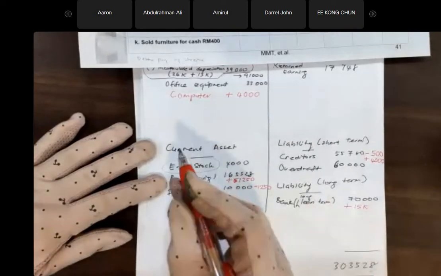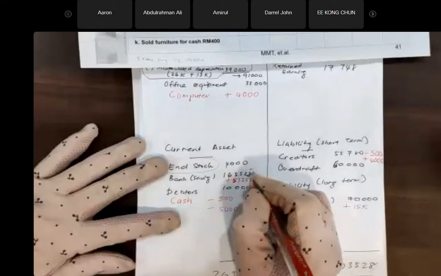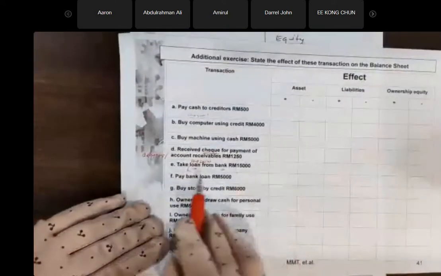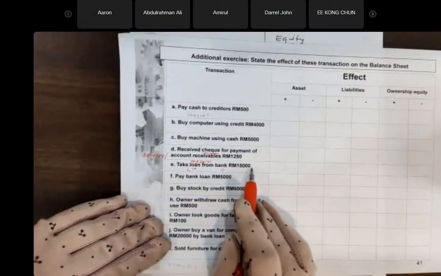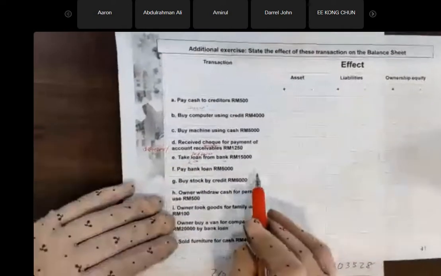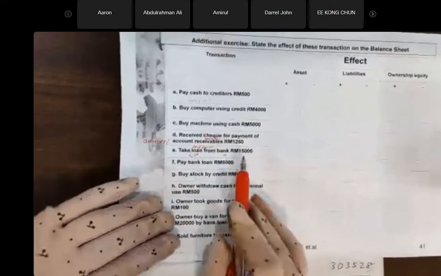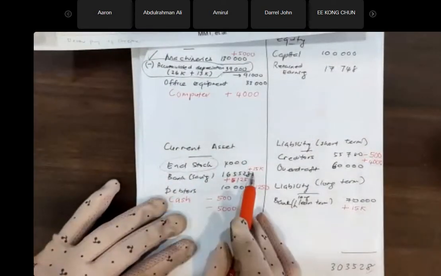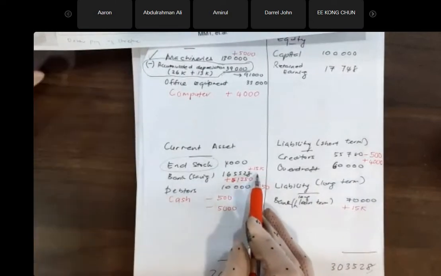So you get the loan 15K. Normally, not like this. Dia take loan to pay the debtors, to pay the creditors kan, macam tu lah. But this one dia weird sikit, tak apalah. So this one maknanya, you just put in the bank lah. Sebab full stop macam tu je kan. So 15,000 here.